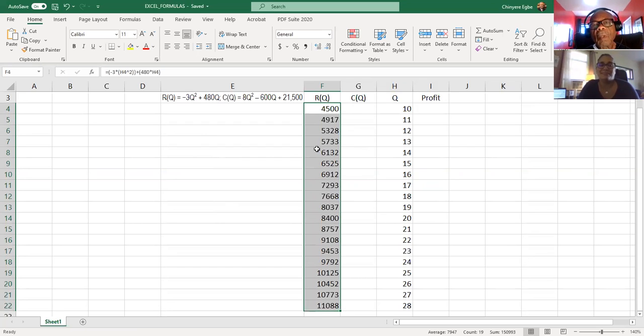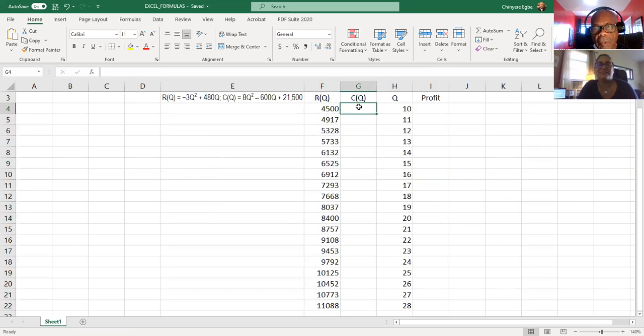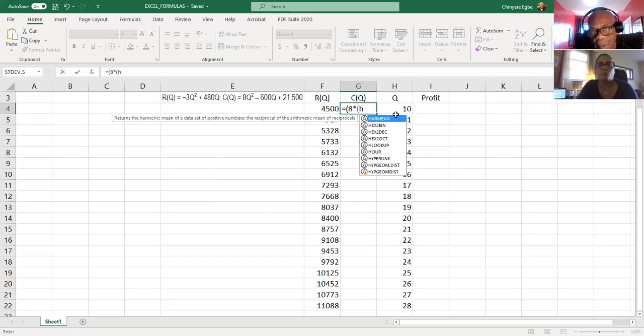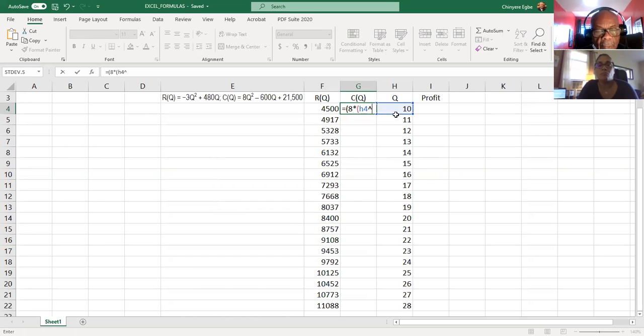Magic. And so you calculate the cost. The cost equals 8 times H4, where that is, to the power 2, minus 600 times H4, plus 21,500.